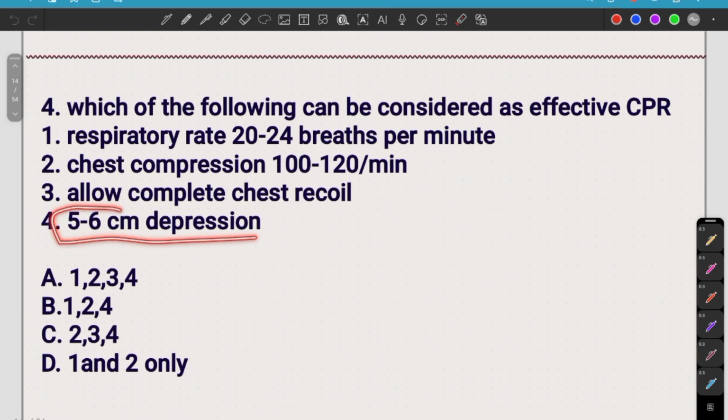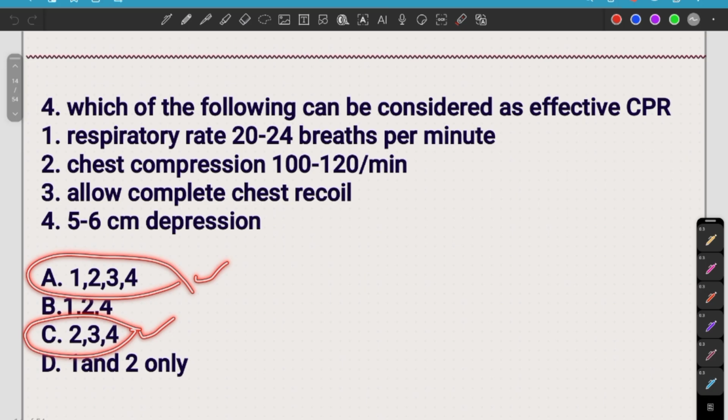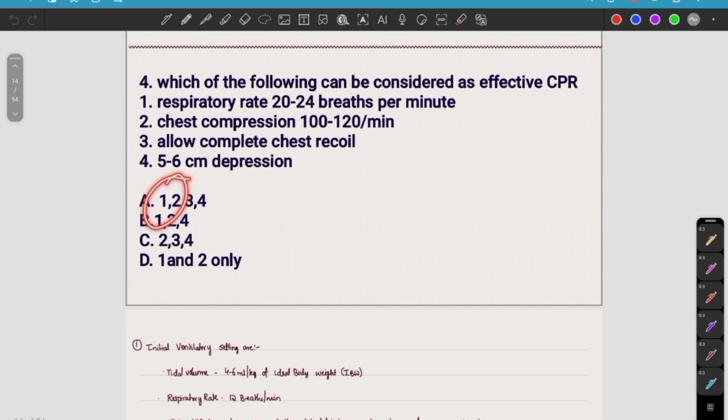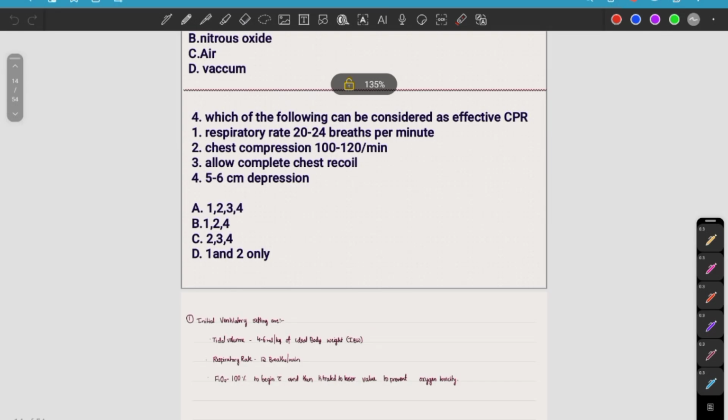Whereas 5 centimeter depression is also correct. So options with chest compression and recoil are obviously correct. But a respiratory rate of 20 to 24 is very high, isn't it? So we can rule out all the options containing it. Only C is correct.